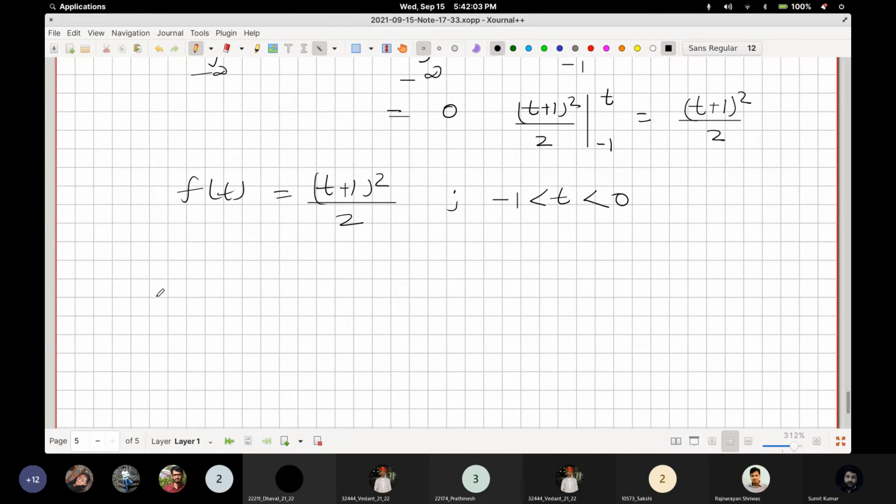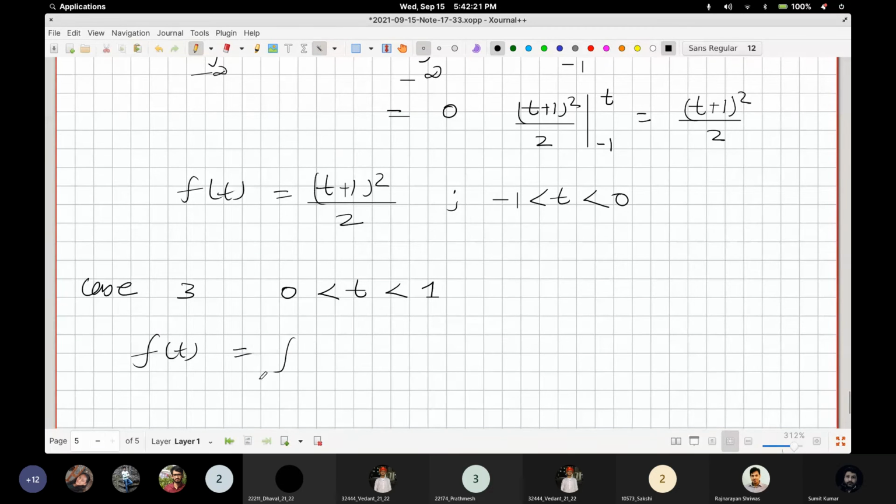Now third, we will be doing case 3, and here t is between 0 to 1. Again we have to find f of t.